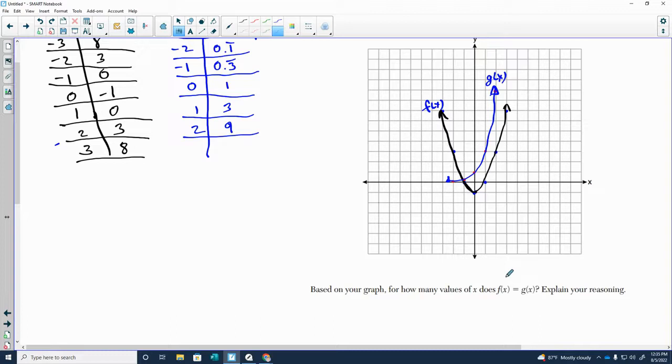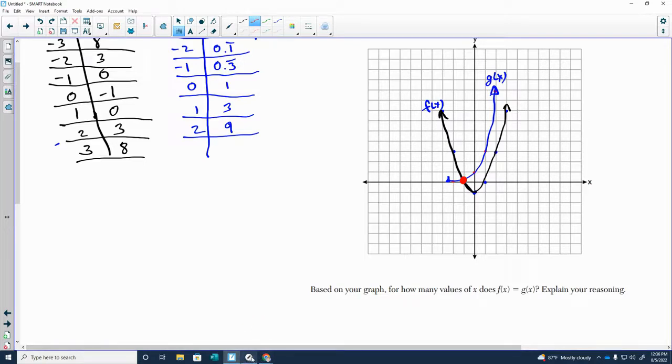When the f of x line, which happens to be a parabola, is equal to the g of x line, which happens to be an exponential function, where they both have the same value, that's going to be a point of intersection, and I can see that I have at least one right here. But I really want to make sure that it's only one.